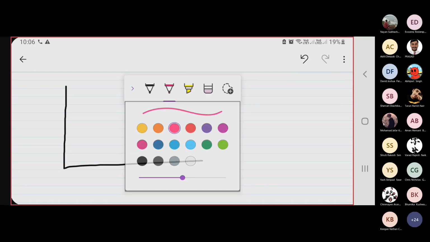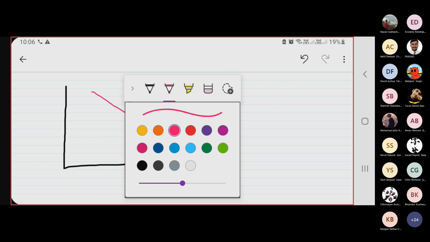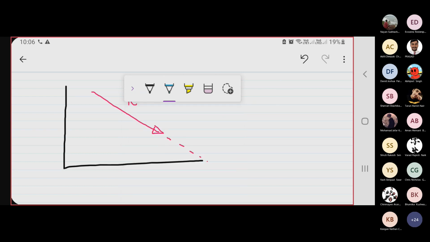We'll first consider along the x-axis. This is the resultant. If we continue its line of action, then we will get two components, summation Fx and summation Fy.